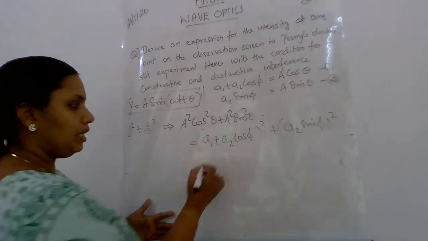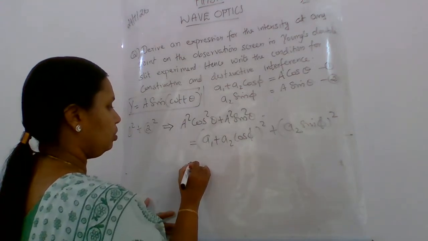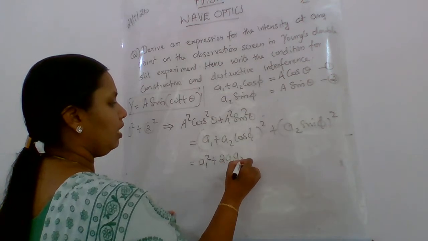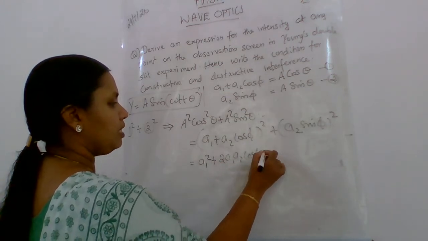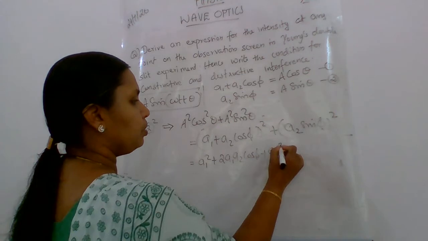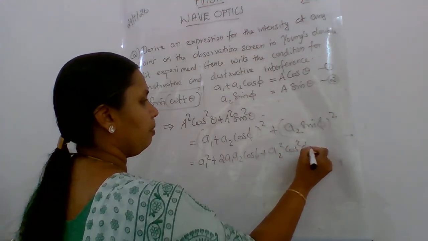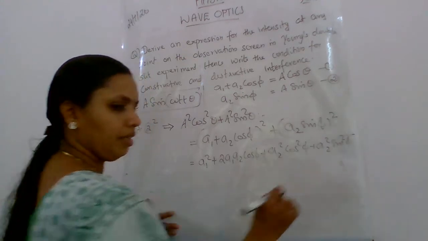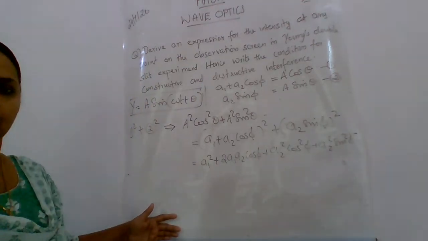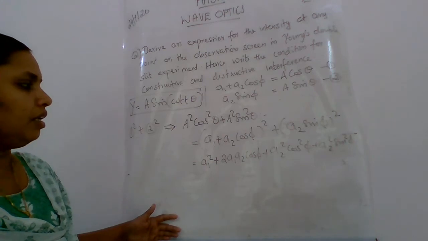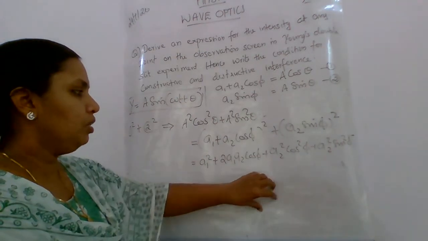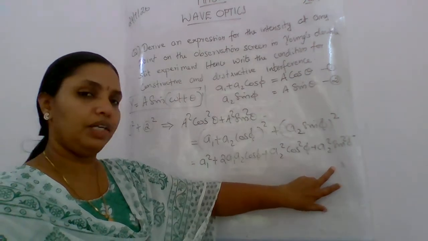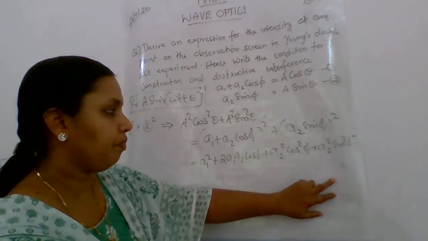Okay, so what is this? A plus B the whole square. So it is A1 square plus 2A1 A2 cos phi plus A2 square cos square phi plus A2 square sin square phi.